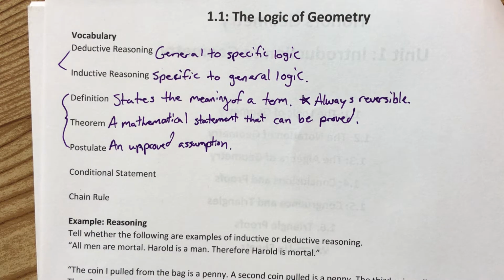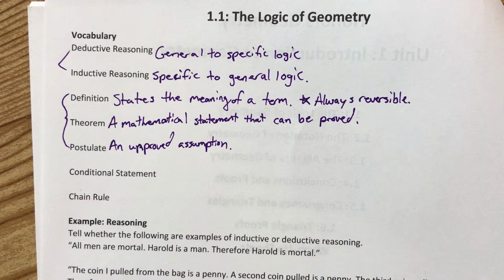We can use that forward. We know something is a square, so we know it has 4 right angles and 4 equal sides. Or you can go the other way and say, I have this thing, and it's got 4 equal sides and 4 right angles, so I'm going to say it's a square.